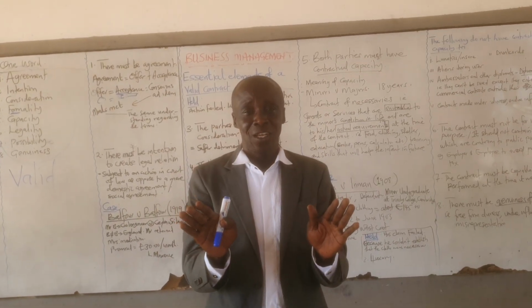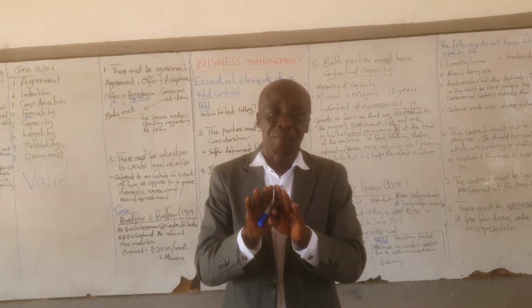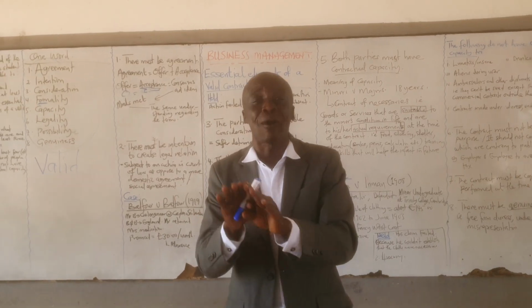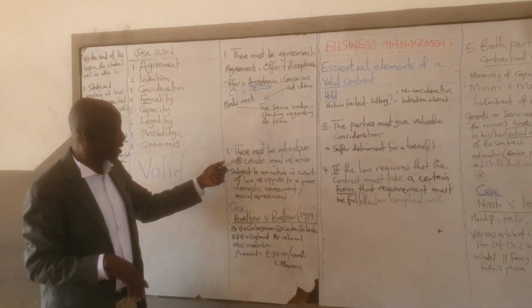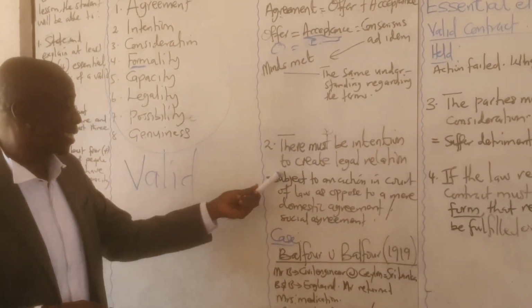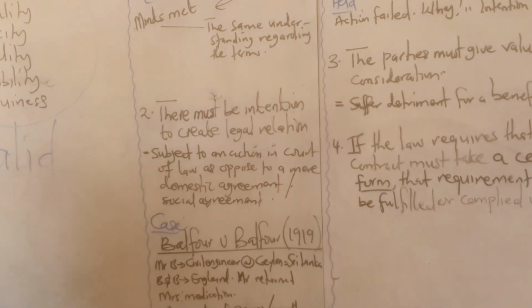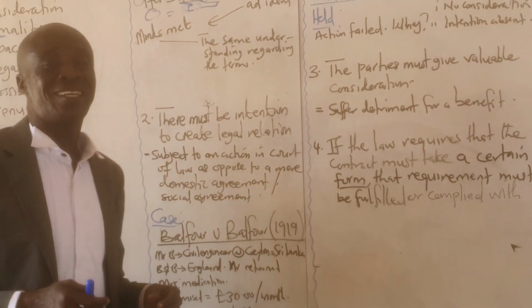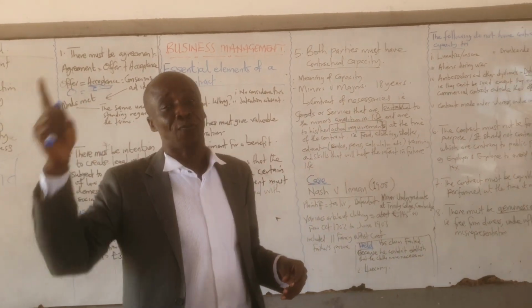So when there is that intention to create legal relation, that if one fails to fulfill his part of the contract, the other one can sue him, then it means there is intention to create legal relation. So that is that one. It should be subject to an action in court of law.